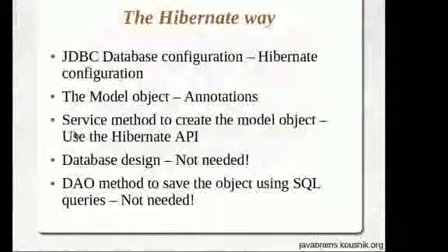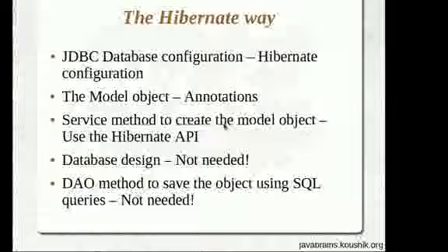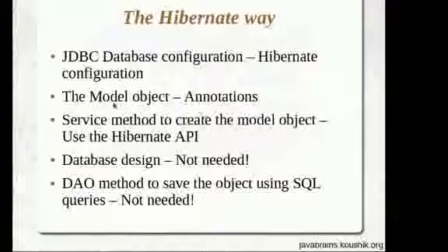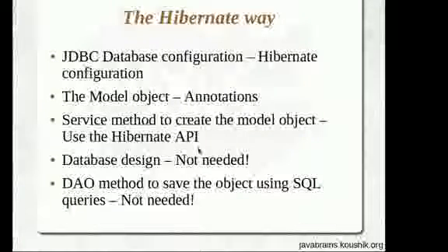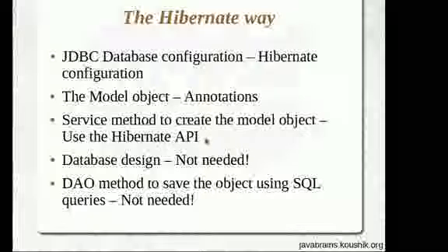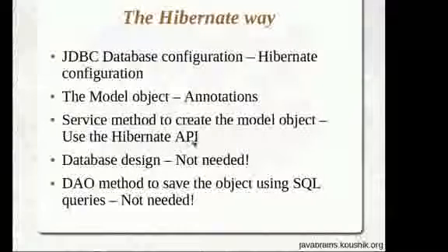Third, we need a service method which uses Hibernate in order to save the model object. So our service method will probably be a simple class with a main method. We will instantiate some test objects of the model that we have written, and we will use a Hibernate API to save those objects. And these two steps can be easily skipped. So let's start coding.